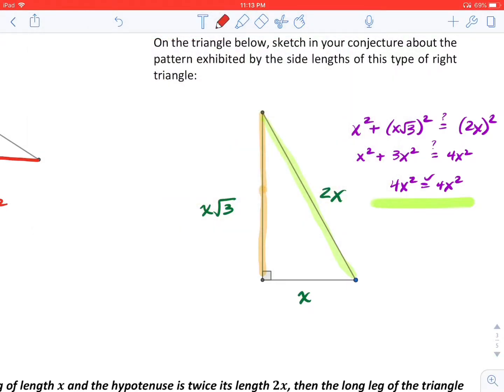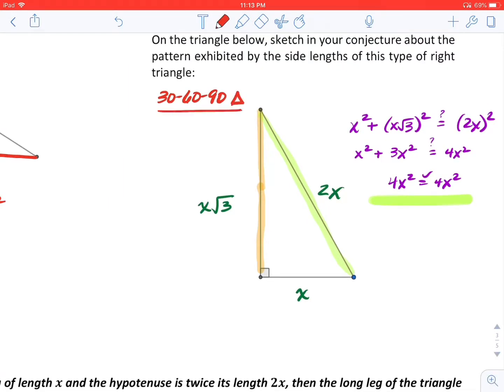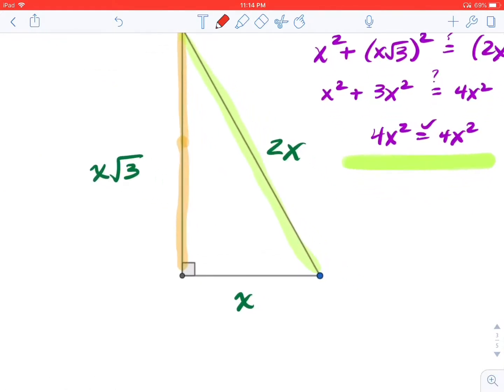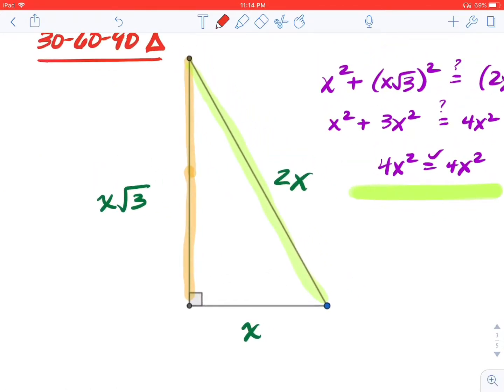This triangle also has a very particular name called a 30, 60, 90 triangle. There is a very specific orientation that the 30 and the 60 have to go into when writing the triangle: the 30 will always be opposite the short leg, and the 60-degree angle would be opposite the long leg.